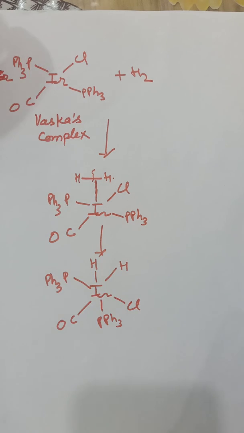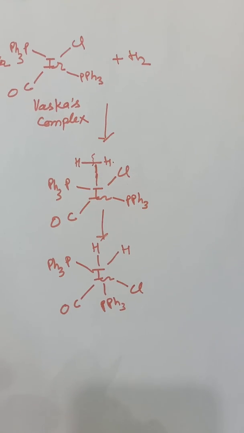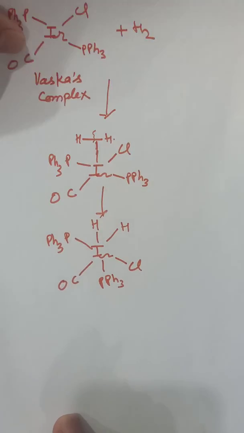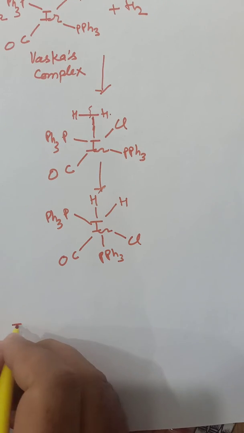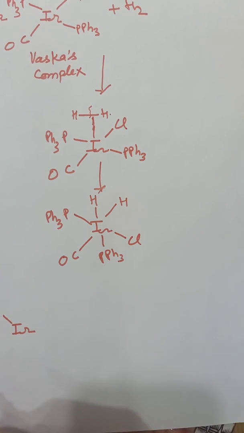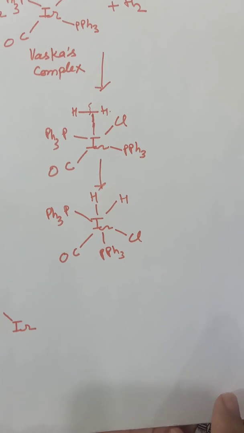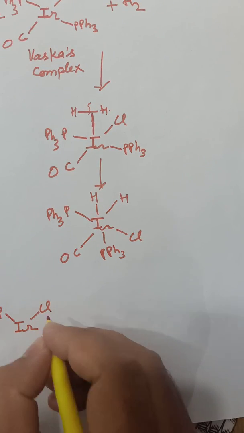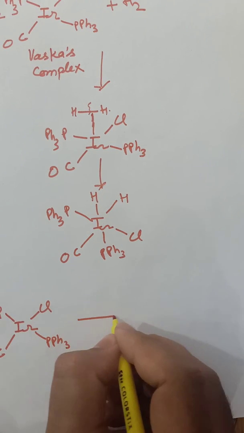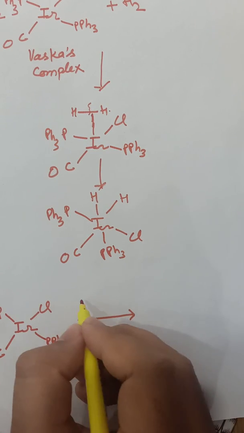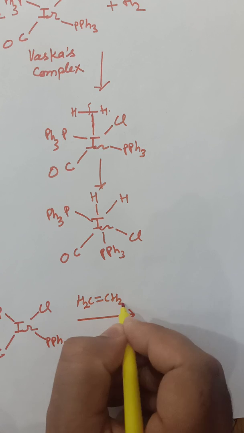In the same way, we can see another example. Now this time we can take a different molecule. I am taking again this Vaska complex, iridium, then PPh3 here, then Cl, CO, PPh3, and this time I am treating it with an alkene molecule.